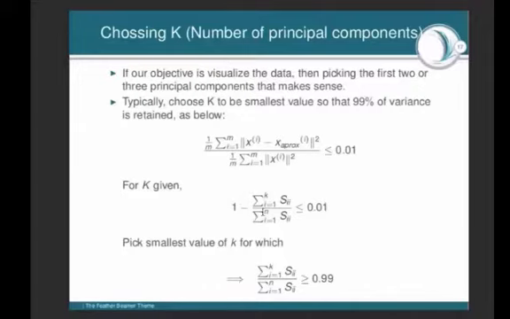For a given k, we have this equation. Adding up 1 to both sides, we have to pick the smallest value of k for which the sum from i equal to 1 to k of Sii over the sum from i equal to 1 to n of Sii is greater than or equal to 0.99.